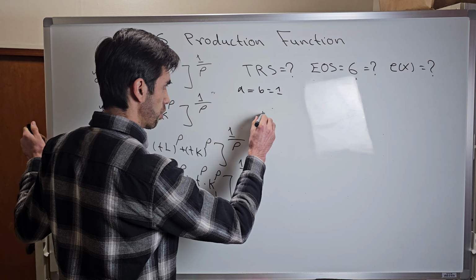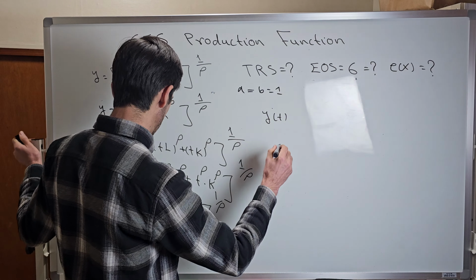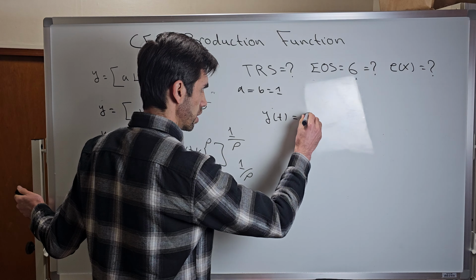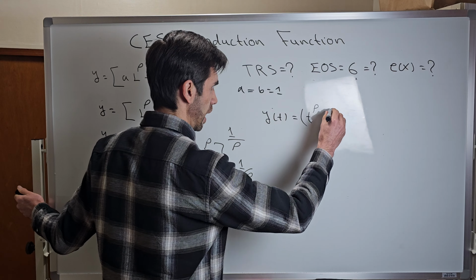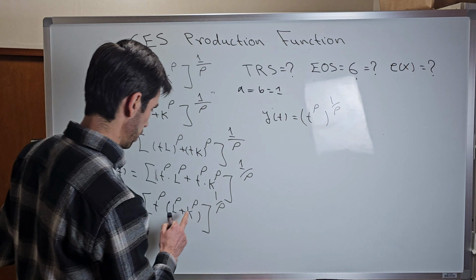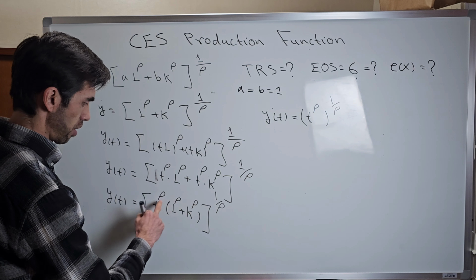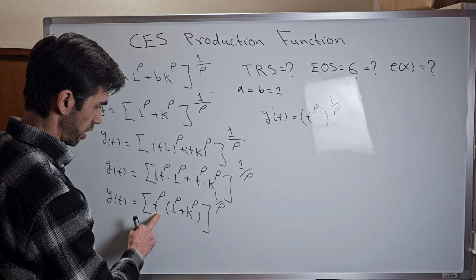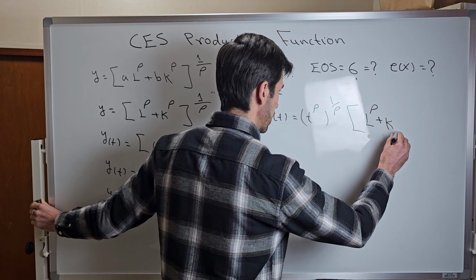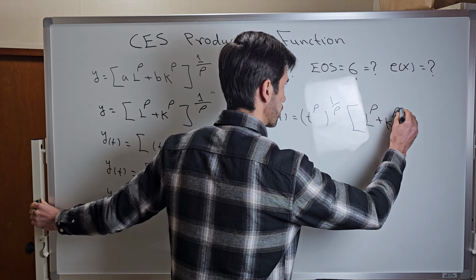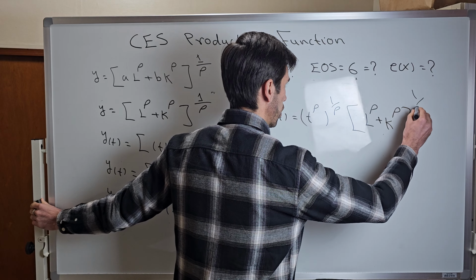Then Y(t) is equal to T to the power of rho, again to the power of 1 over rho, because when we take this out, the power applies to it as well, multiplied by L to the power of rho plus K to the power of rho all to the power of 1 over rho.